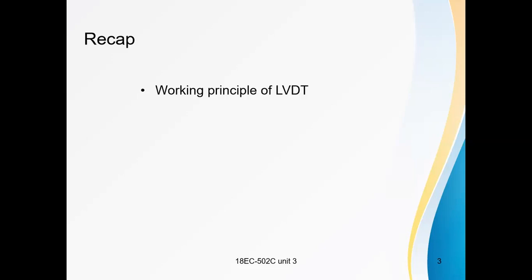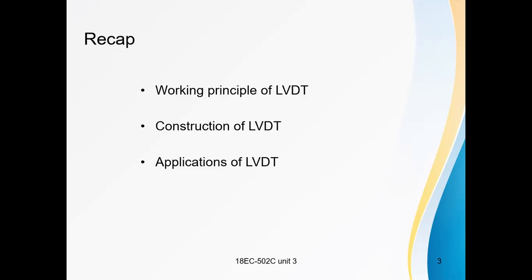Among the inductive transducers, which are based on the inductive principle, we discussed the LVDT. What is LVDT? Linear variable differential transformer. We discussed the construction, working principle, and applications of LVDT.